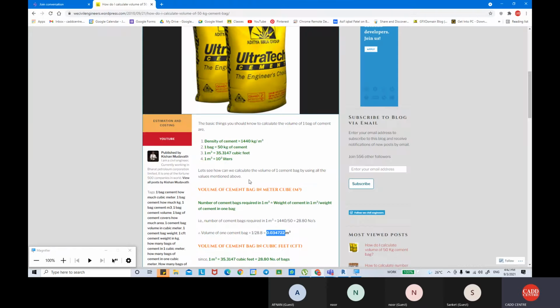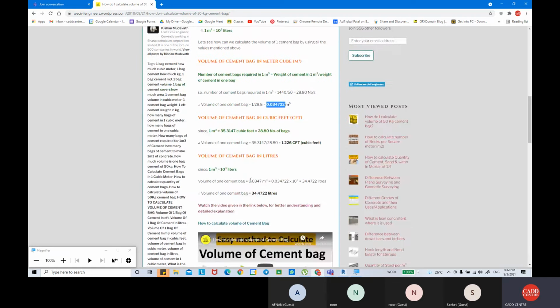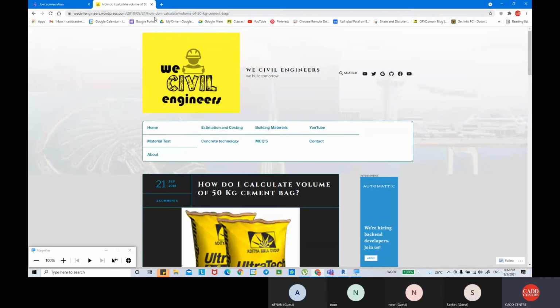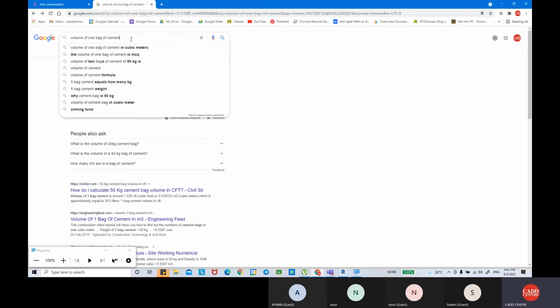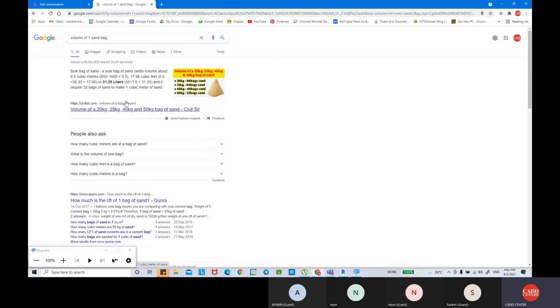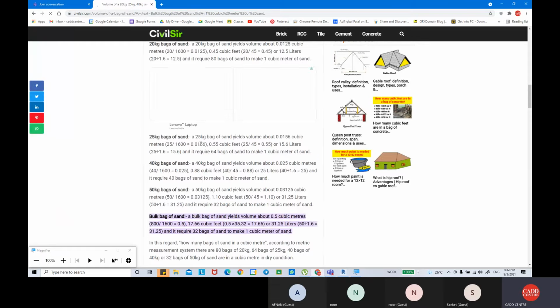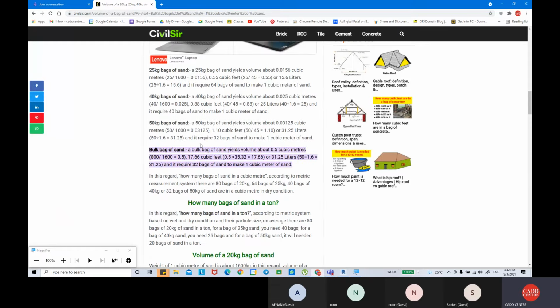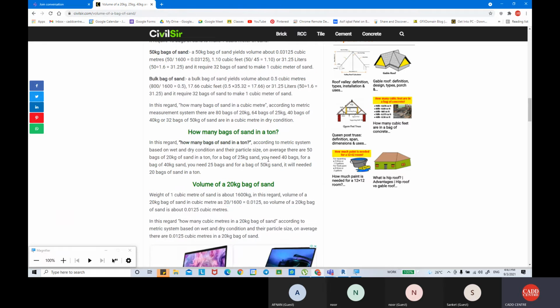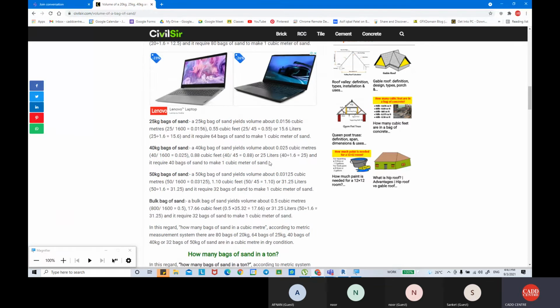We need to again search it online. Volume of one sandbag. It is 0.5 cubic meter. It depends on how many kg of bag you are going to use.